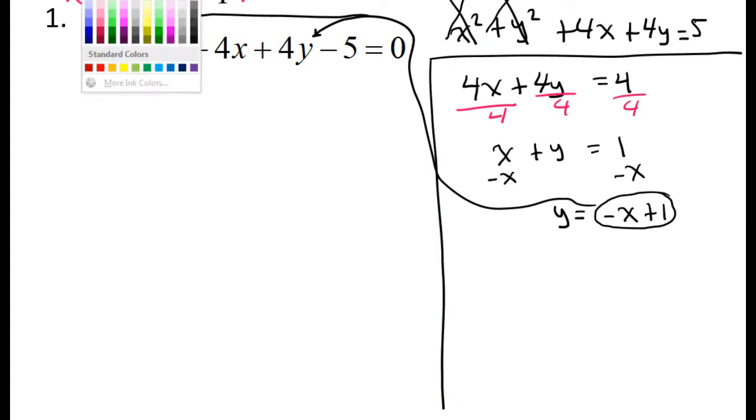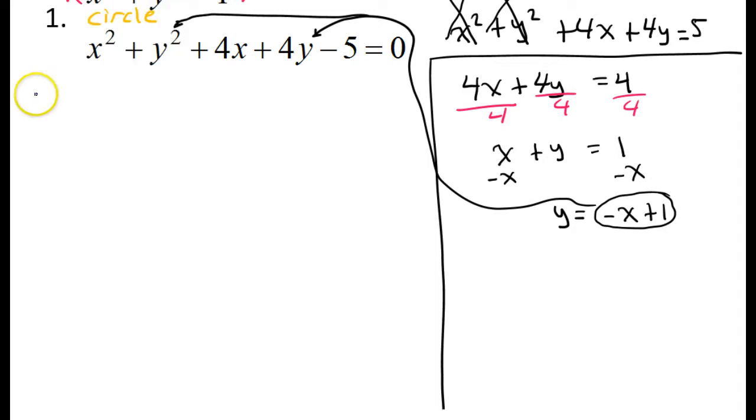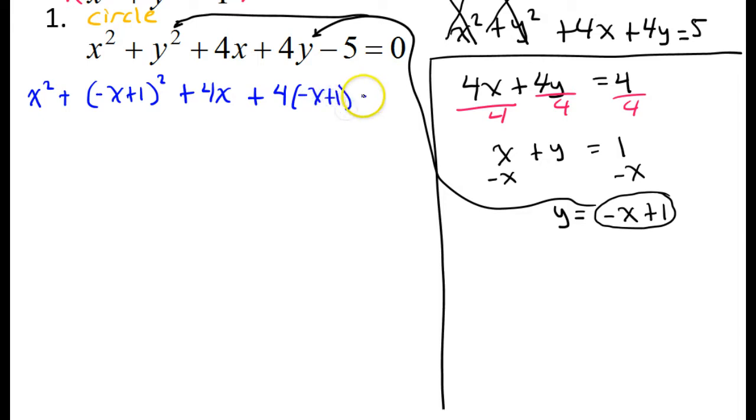So if I do that, I'm going to have x squared plus, now y is going to be negative x plus 1, so this will become negative x plus 1 squared plus 4x plus 4 times negative x plus 1 again minus 5 is equal to 0.